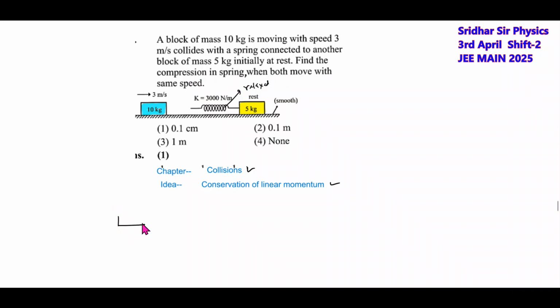When they are moving with a common speed, what is the basic condition? They will have a common velocity, meaning at maximum compression they have a common velocity. Then the compression in the spring will be x m. Both will be moving with a common velocity.